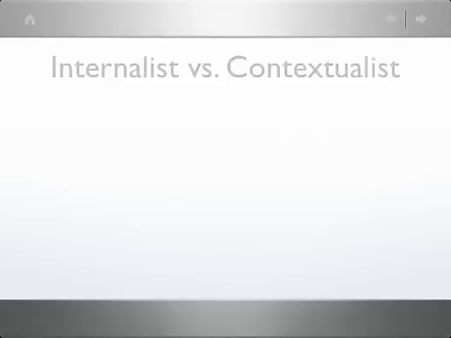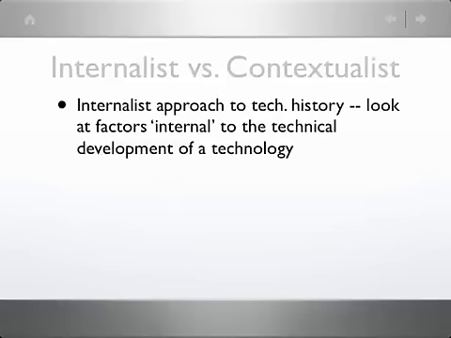In this phrasing that I use, which I don't believe Nye does use directly, of internalist versus contextualist, does not mean that these are two opposing ideas in the same way that technological determinism and contextualism are, but that they're complementary ideas, and that a particular historian working in the history of technology would choose one or the other, either an internalist approach or a contextualist approach. And it is in that sort of usage that I use the term versus here between the two.